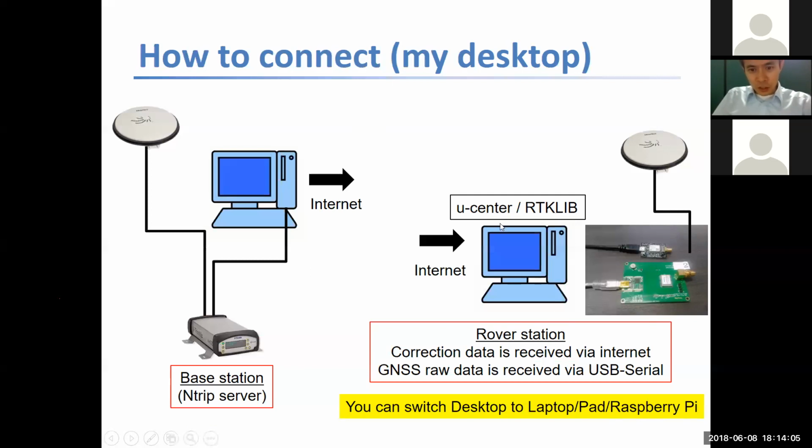And u-center or RTKLIB you can use. So correction data is received via internet, and GNSS raw data is received via USB serial. So you have to connect to the internet, even on a laptop PC, a laptop or a pad or a Raspberry Pi.